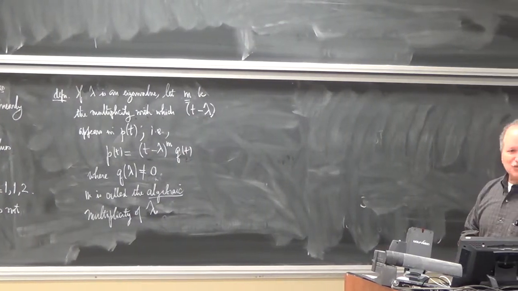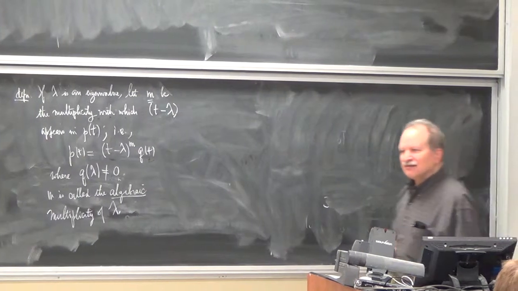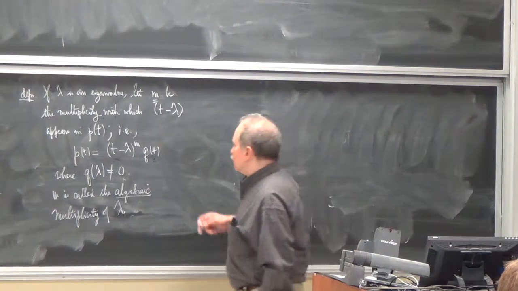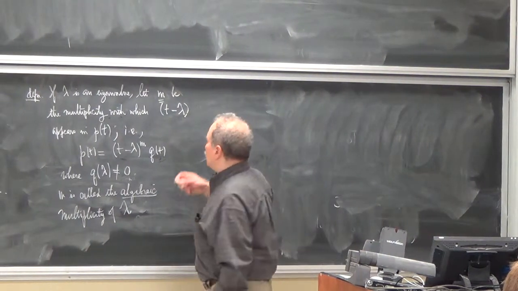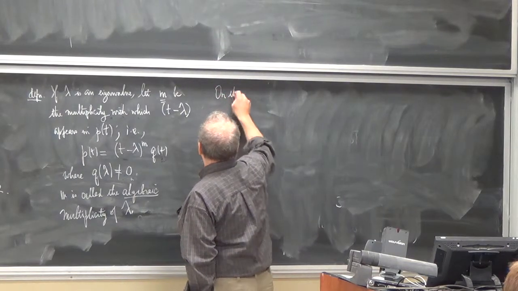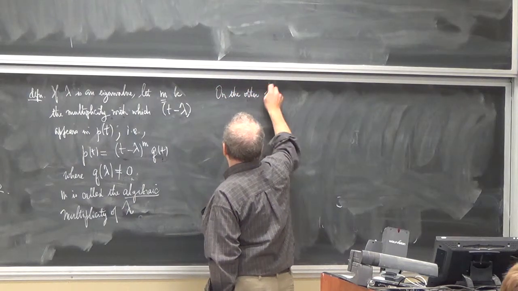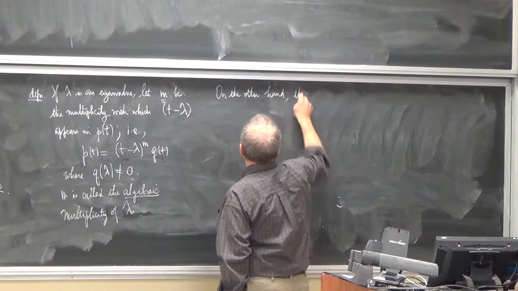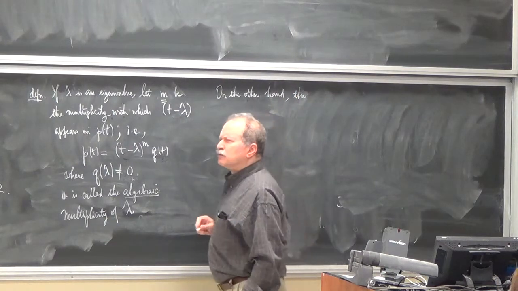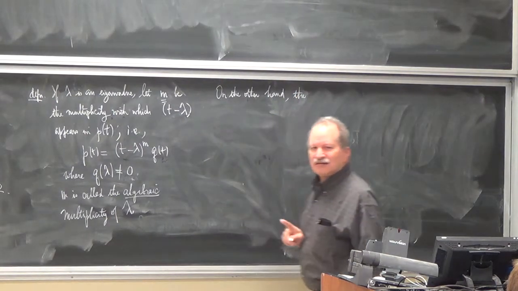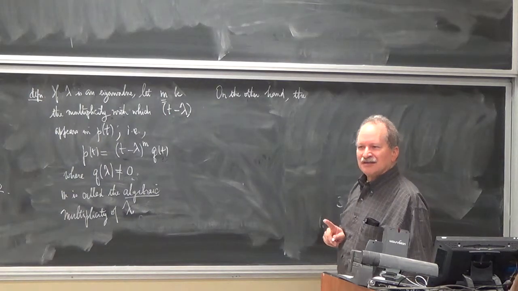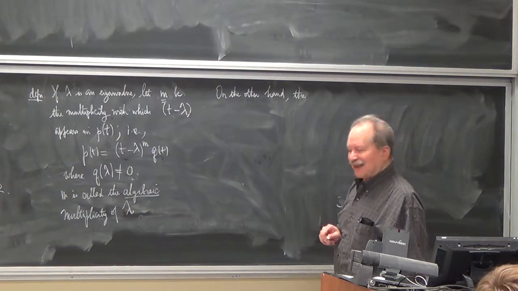On the other hand, we looked at geometry. And that is the actual number of linearly independent eigenvectors in the eigenspace. Distinct is not a good word; linearly independent is a good word.